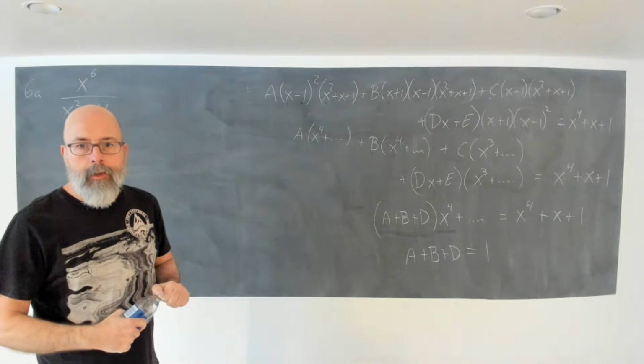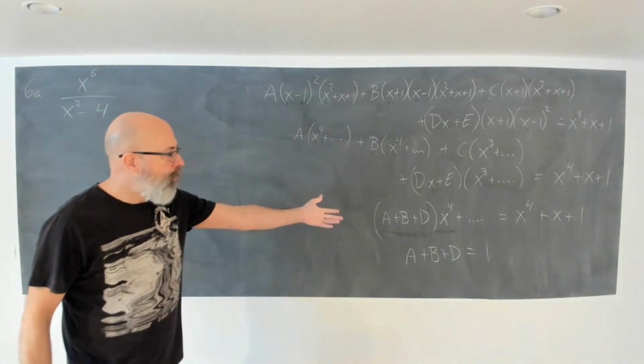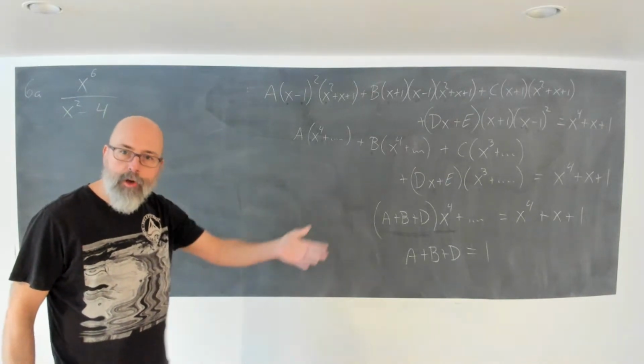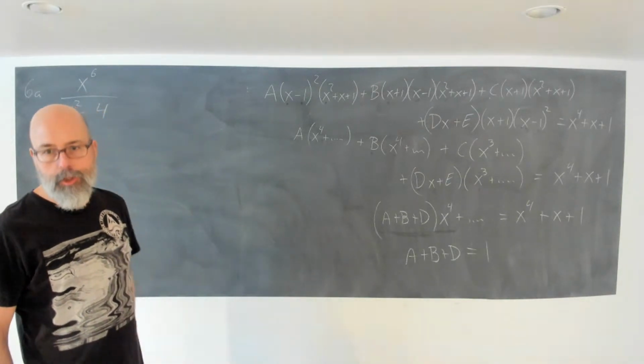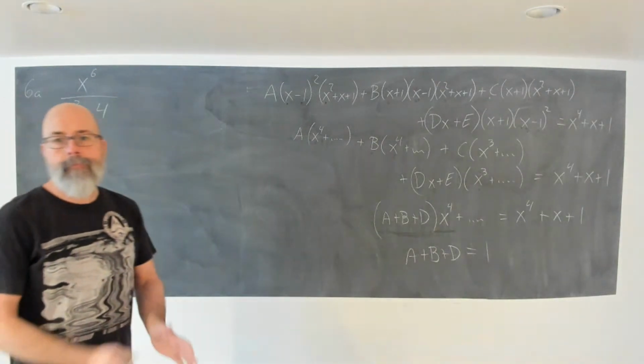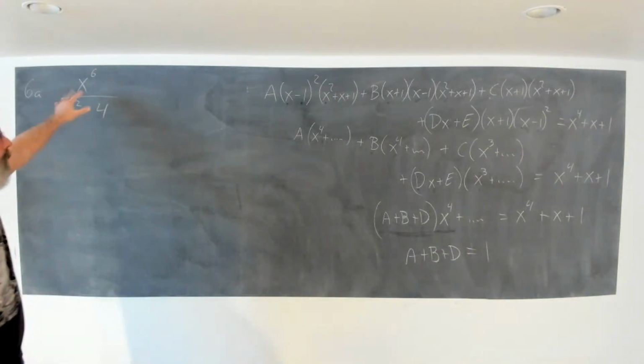Exactly. As Jun Chen suggests, you'll do the same with x cubed, and the same with x squared, and the same with x, and the same with a constant, and you'll get 5 equations, 5 unknowns. Yeah, exactly that.